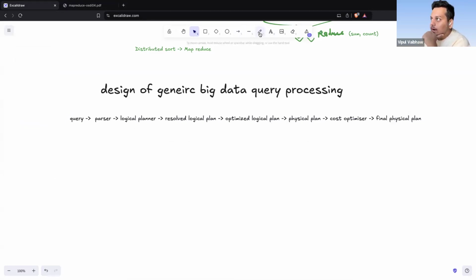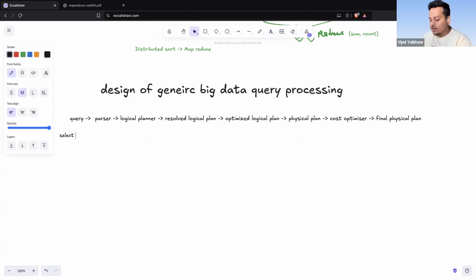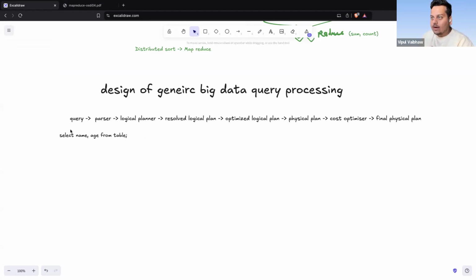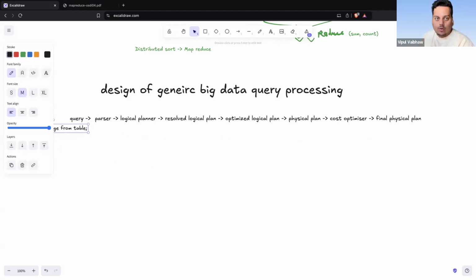Let's say a query comes like select name, age from table. I'll use ChatGPT to quickly generate a logical plan for me. Give me 1 second.